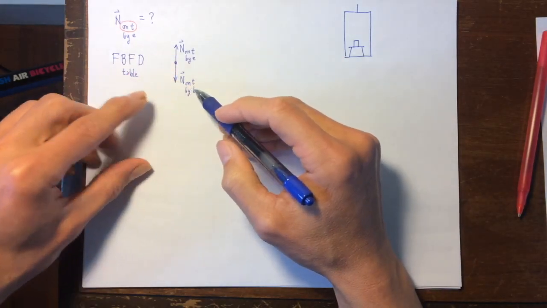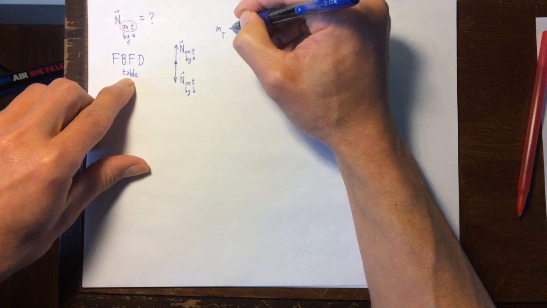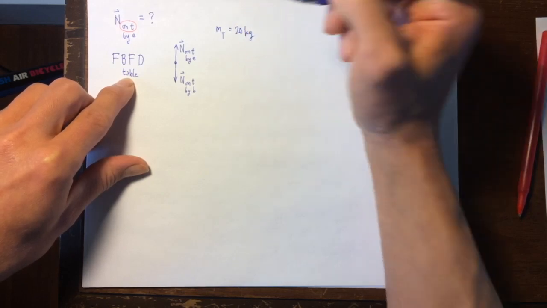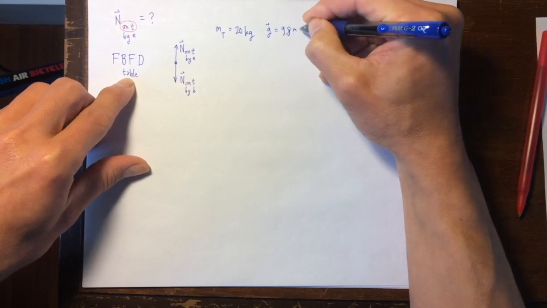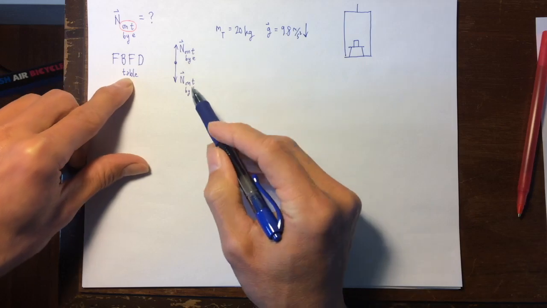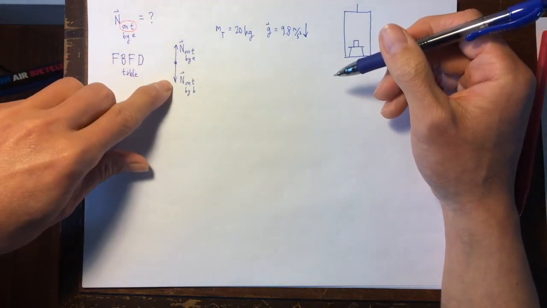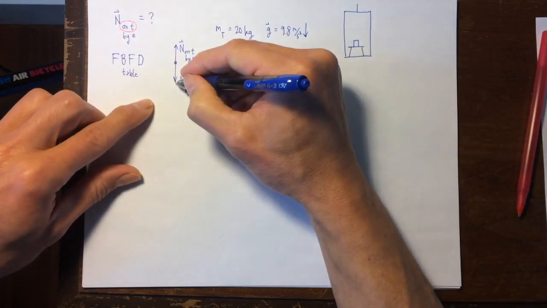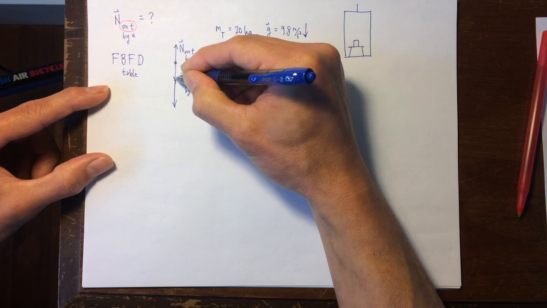Okay, and we're not done yet, because remember the table has a mass. The mass of the table was 20 kilograms. The acceleration due to gravity in the background is 9.8 meters per second squared down. So here are the details that lead me to remember that there is another force acting on the table. It is the weight force, and I'm just going to tack it on to the bottom of this arrow.